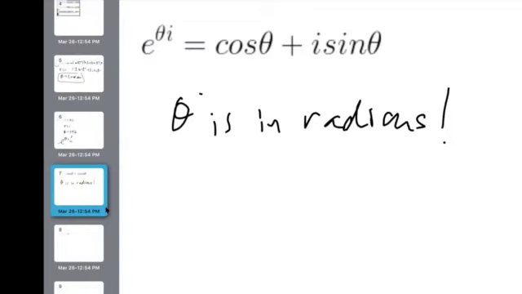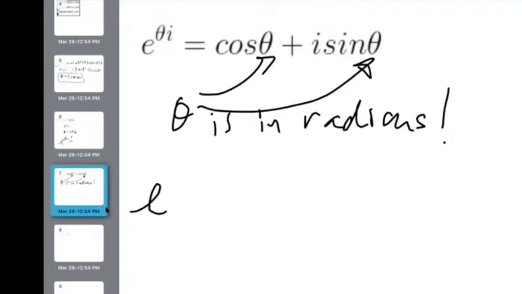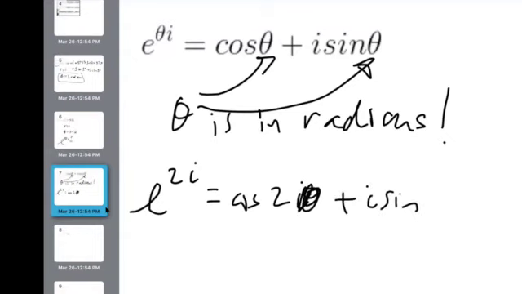This theta. Now, if I want to know e to the 2i, I can say cosine of 2 radians, remember a radian is about 57.3 degrees, plus I sine 2. Well, that's fine. I have a calculator, and for this, I could turn my calculator into radian mode, and you should now.